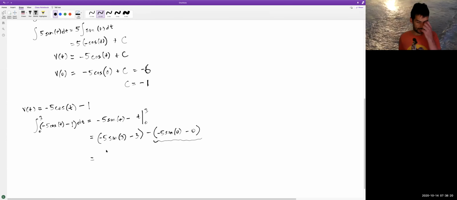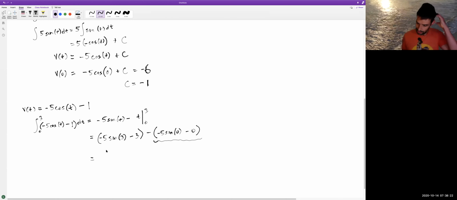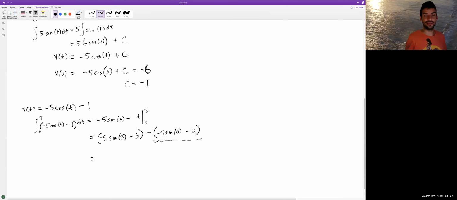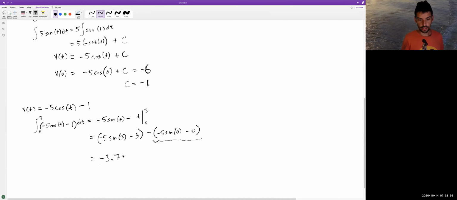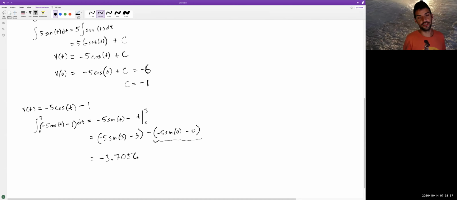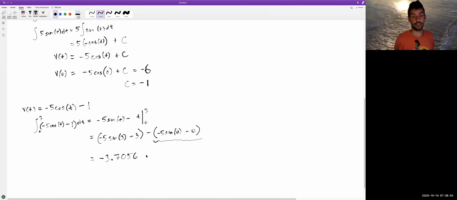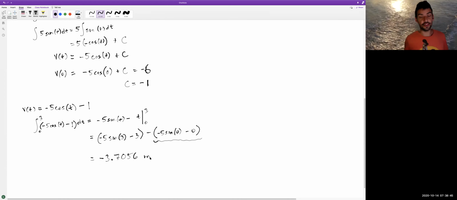So we have this -5 sine of 3 minus 3, and that's something we would plug into a calculator or just leave as is. So I'll give the decimal approximation to this was -3.7056.